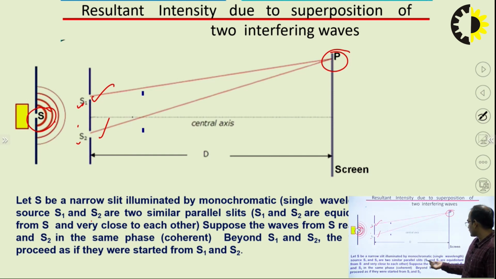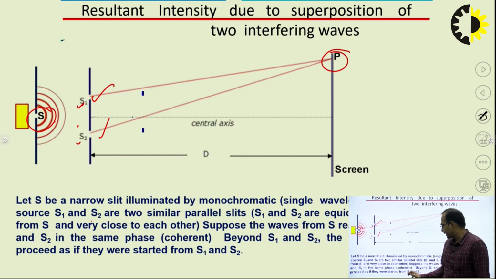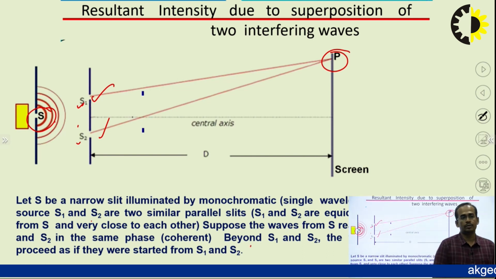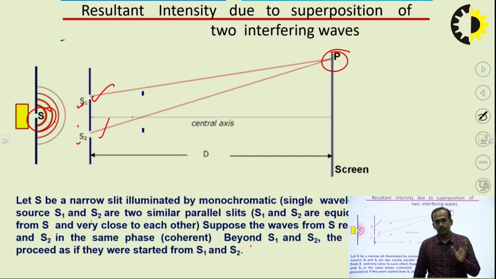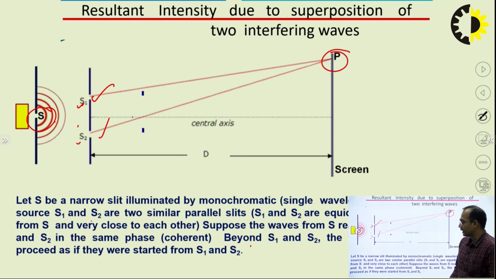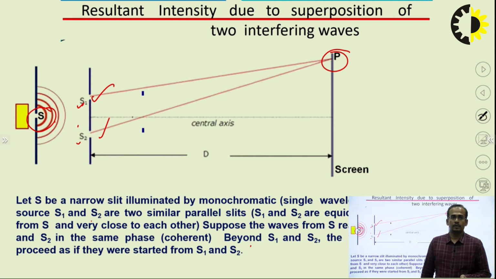Beyond S1 and S2, the waves proceed as if they started from S1 and S2. So after passing through the slit S, these waves pass through slit 1 and slit 2.